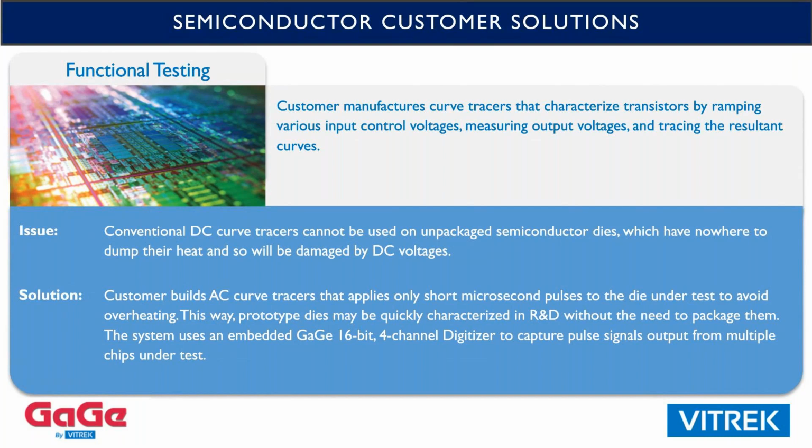I may be wrong about that. It may be 4 channels per chip, and then they use multiple cards embedded within their device. And of course, having the 16 bits and high accuracy is important for this measurement, because they do actually measure absolute voltage quantities, which they turn into currents and so forth. So that's an interesting application.